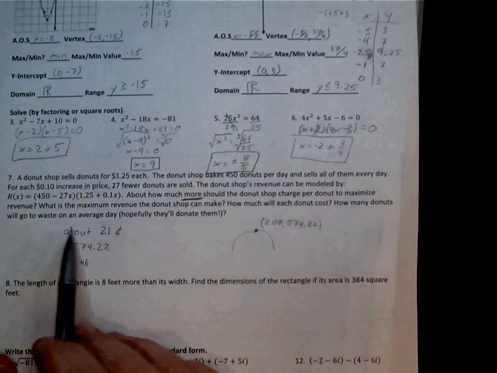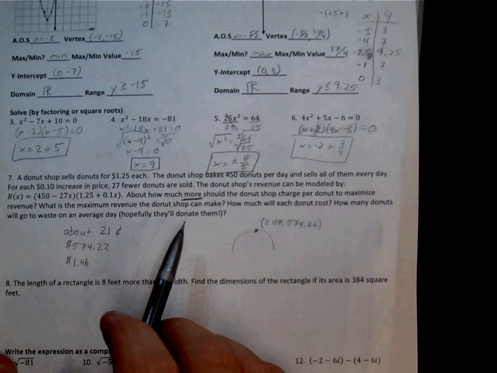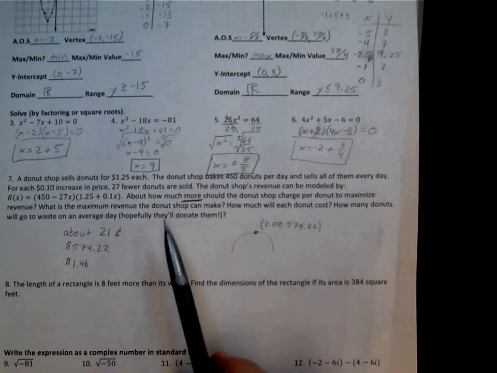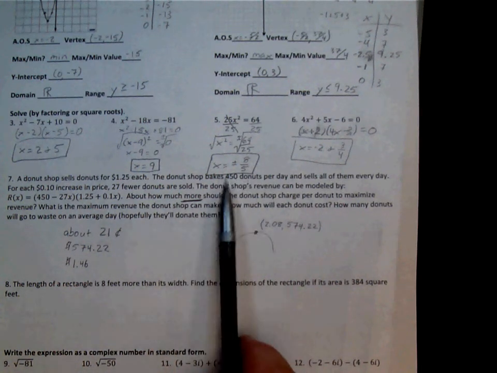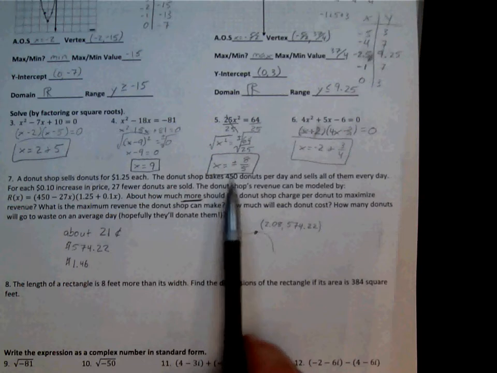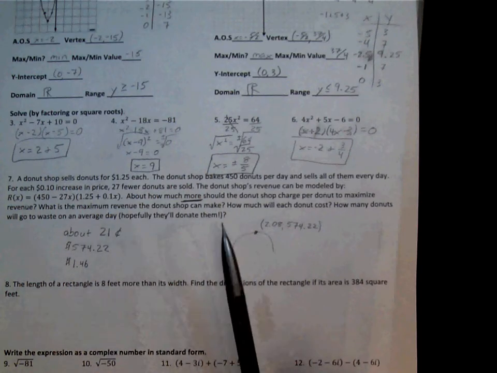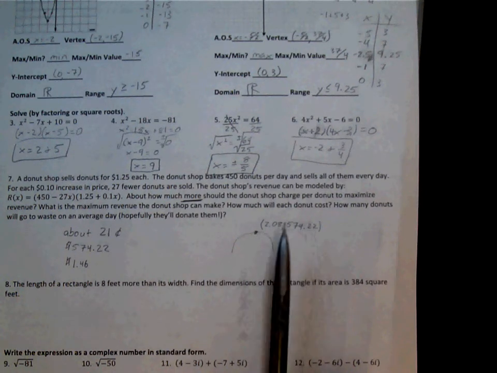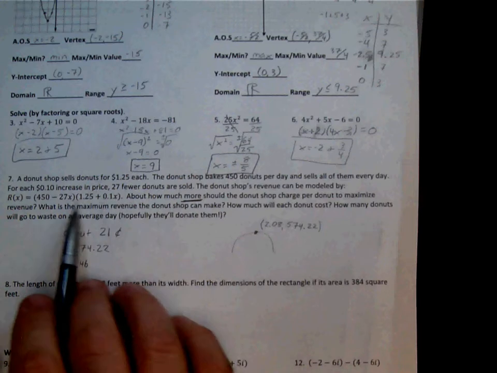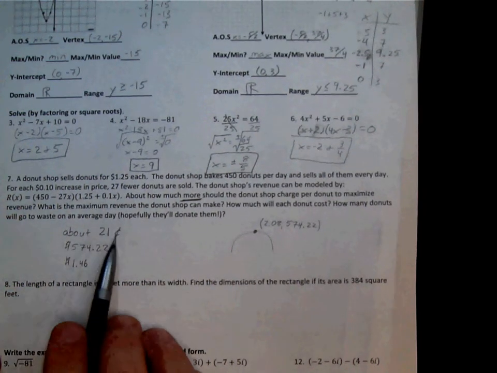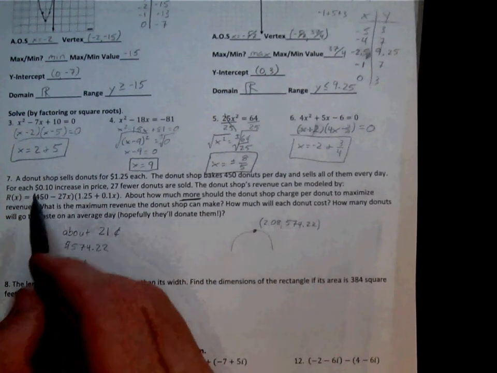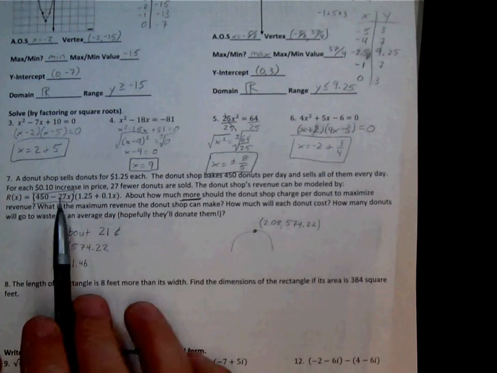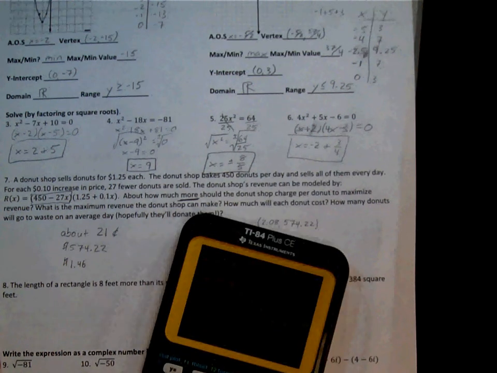How many donuts will go to waste on an average day? So I think what they mean by this, since they bake 450, is they're going to still bake 450. So how many will they sell? If they're charging 2.08 increases, how many donuts is that? This 450 minus 27x, that's how many donuts they sell. So I'm going to plug 2.08 in there.